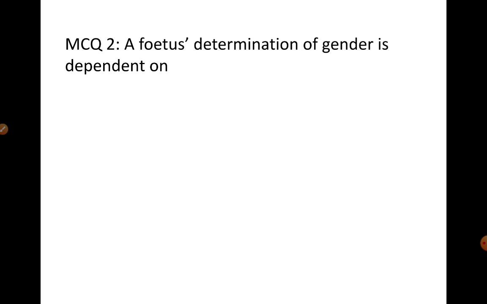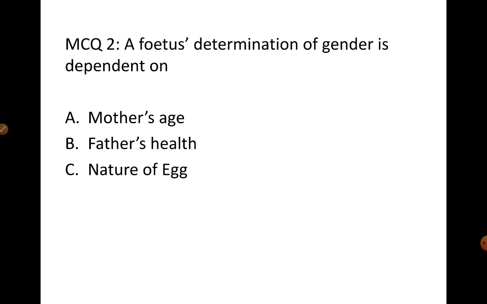Now the next question, a fetus's determination of gender is dependent on, that means which feature determines the gender of a developing fetus? Does it depend on its mother's age, or is it based on the father's health, or is it based on the nature of the egg, or is it dependent on the nature of the sperm?